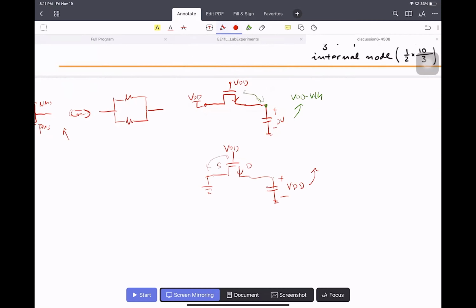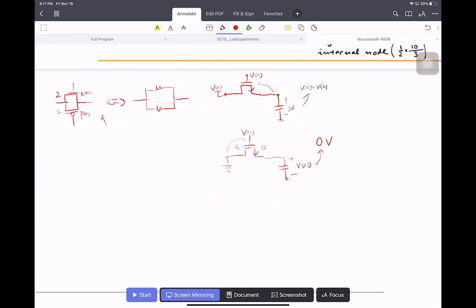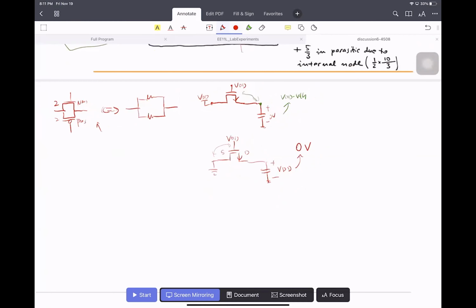The gate-source voltage is always VDD, so it's always on until the drain-source equals 0. So at the end, the output can be 0 volts. For this NMOS, if you want to pull up, it can only pull up to VDD minus VTH. But if you use the NMOS to pull down, it can reach 0, making the output the same as the input.